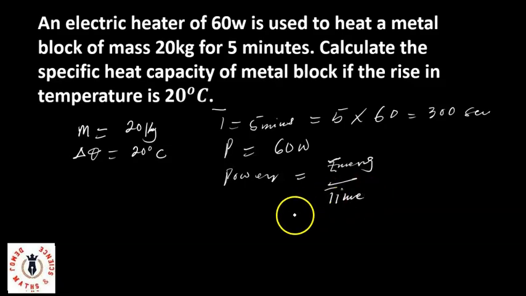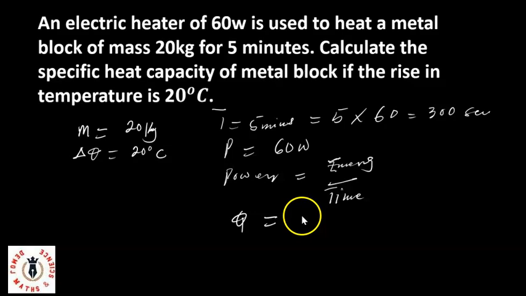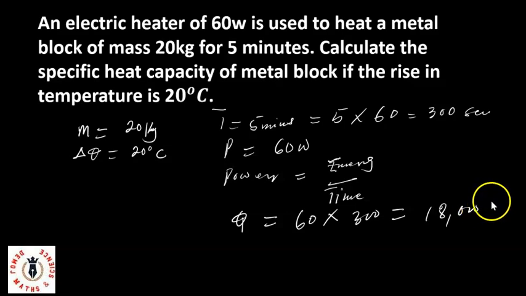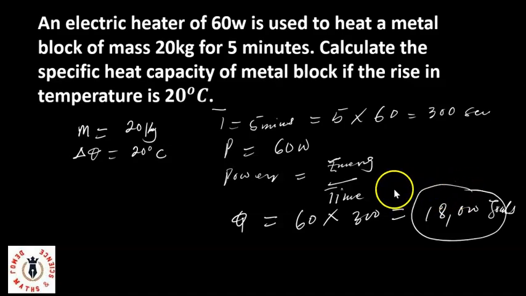So the energy Q dissipated by that heater is given as 60, which is the power, times the time taken, which is 300 seconds. That's equal to 18,000 joules. That means I have 18,000 joules to transform the state of this metallic block in 5 minutes through a temperature of 20 degrees.